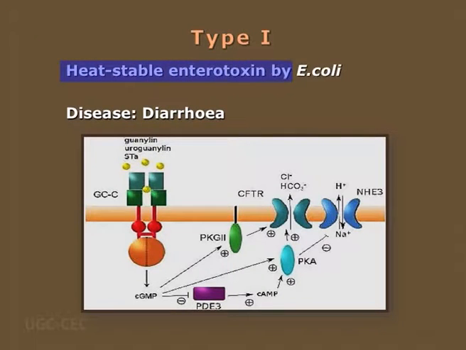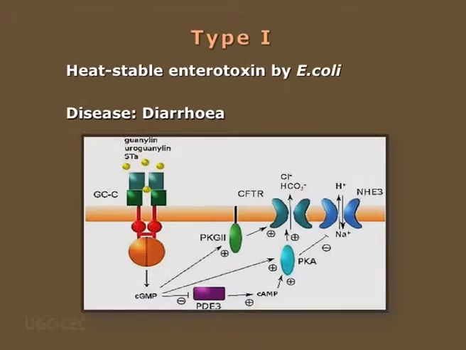The second type of class 1 exotoxins are the heat-stable enterotoxins, which are produced by E. coli. Now, these enterotoxins are heat-stable because if you cook these proteins at 100 degrees, their activity still remains.